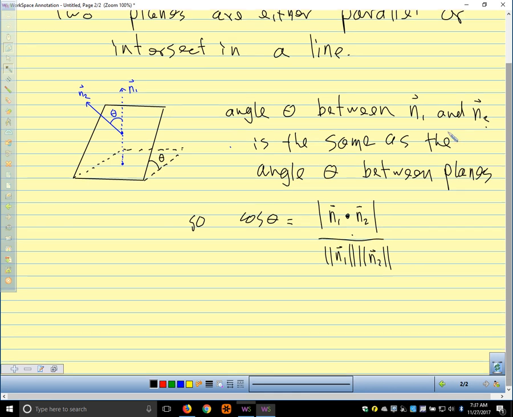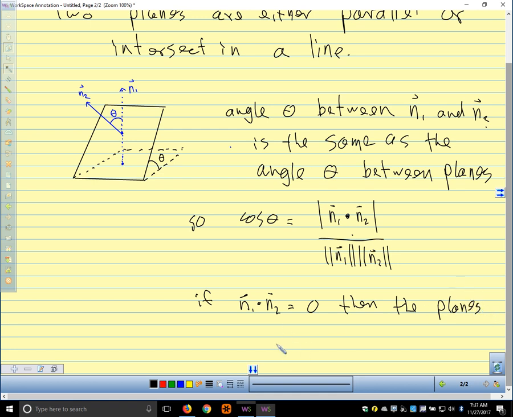And we know that if n1 dot n2 equals 0, then their normal vectors are orthogonal.